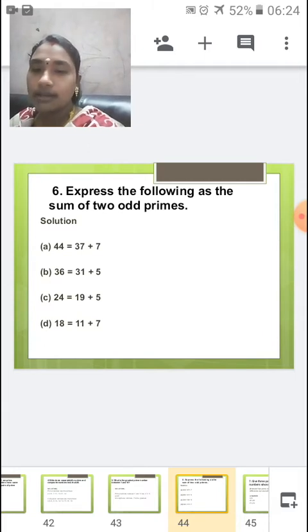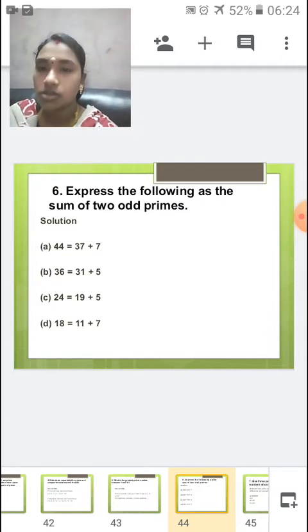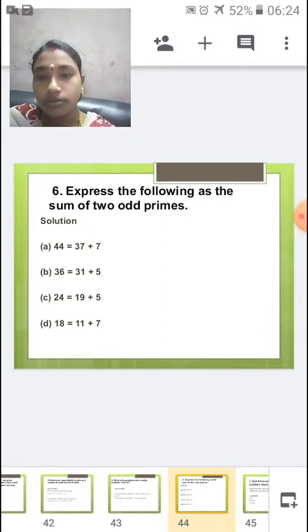Next, 24. When you add, you get 19 plus 5. 19 is a prime number and 5 is also a prime number. So 19 plus 5 will give you 24.